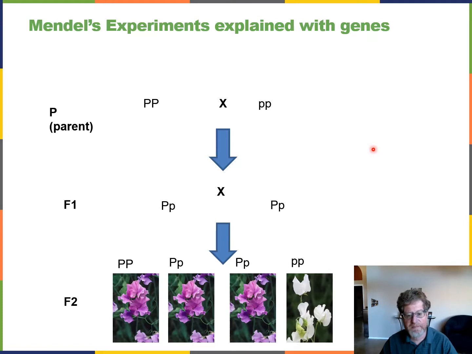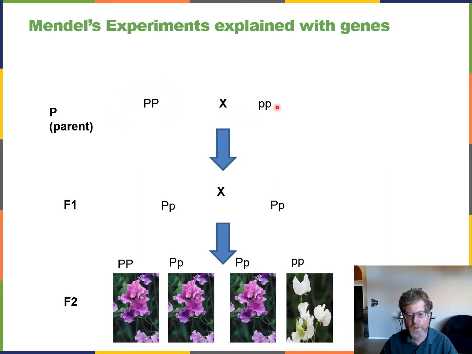Okay, so let's come back and explain that in terms of the genes. So every individual has two copies of every gene, one from mom, one from dad. So that's what these two letters represent, the two genes on the homologous chromosomes. Okay, the true breeding purple parent had two purple genes.